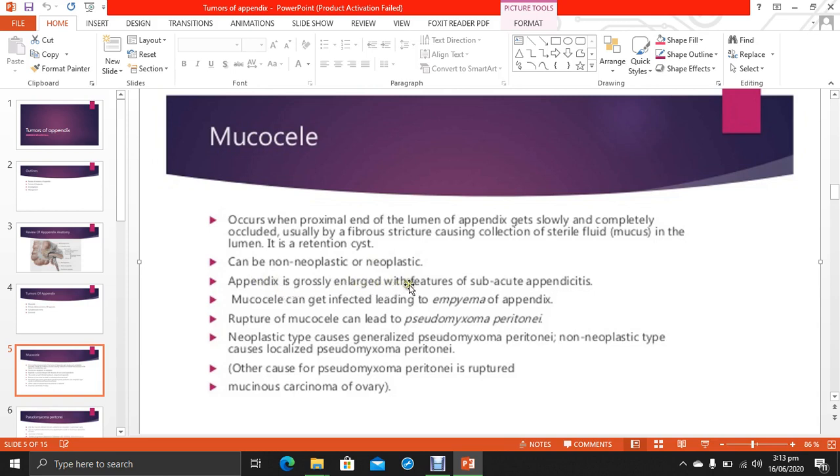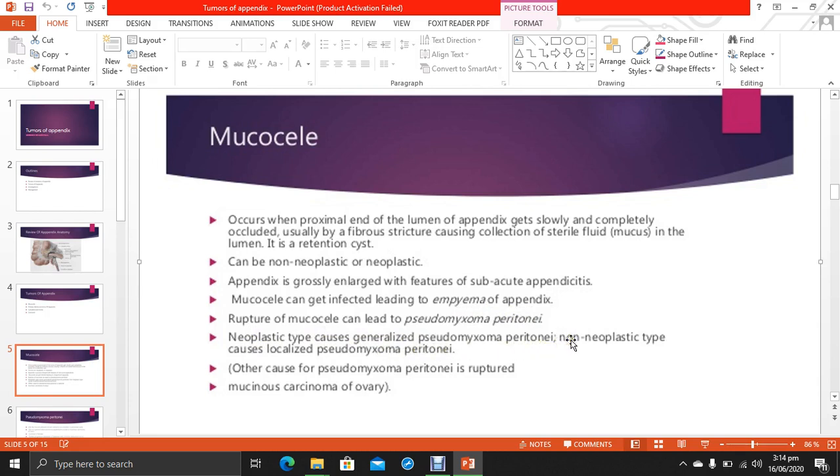The appendix is grossly enlarged with the features of subacute appendicitis. Mucocele can get infected, leading to empyema of the appendix. Mucus collects and a cyst forms. If it becomes infected, empyema will develop, and when this mucocele ruptures it can lead to pseudomyxoma peritonei, and the neoplastic type causes generalized pseudomyxoma peritonei.